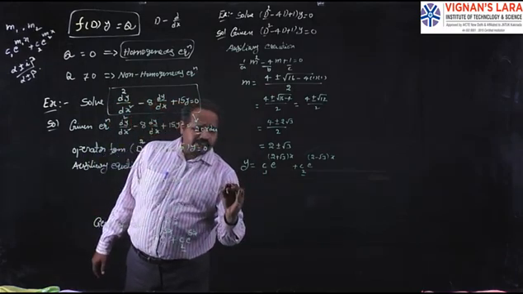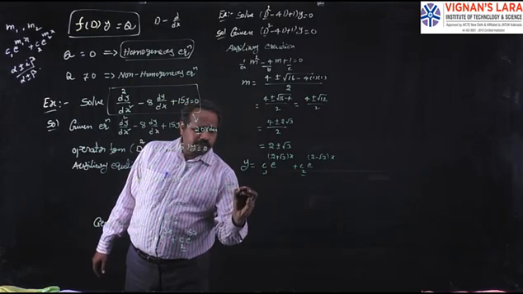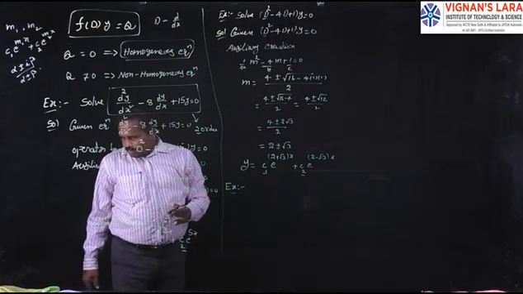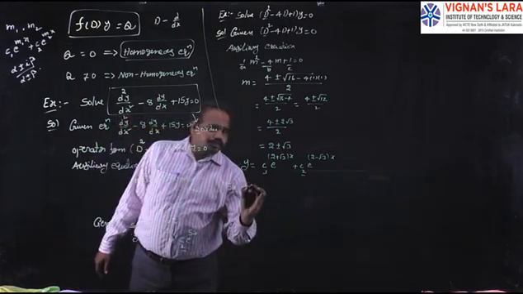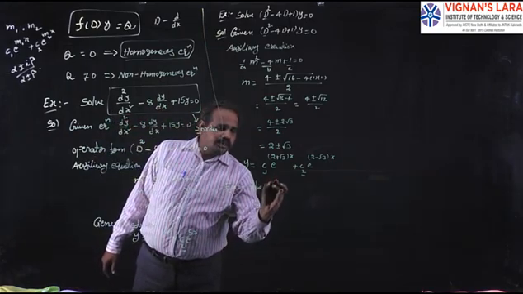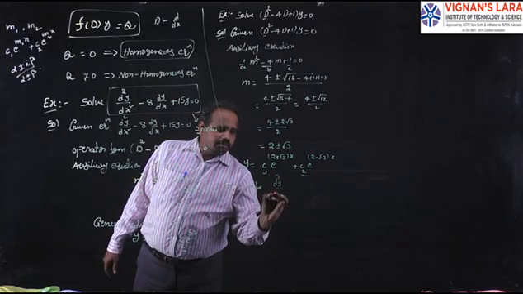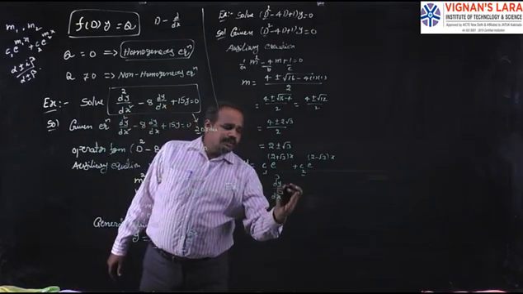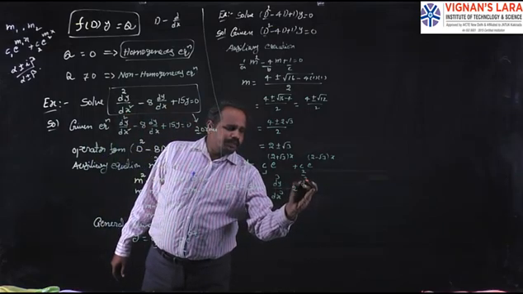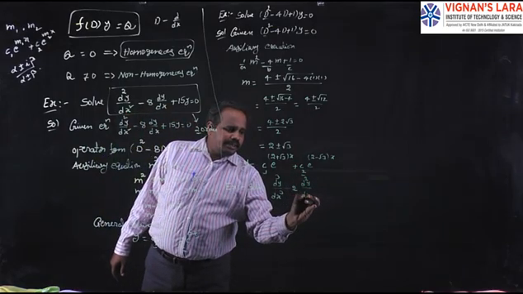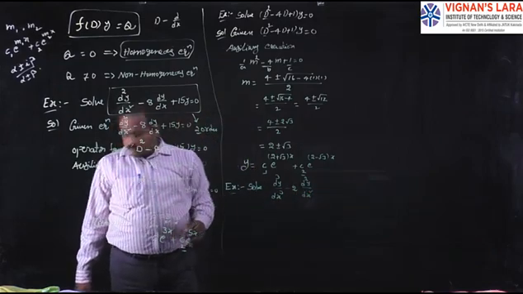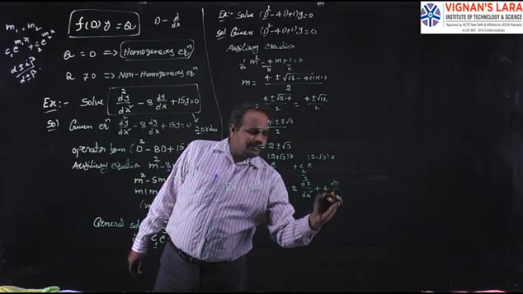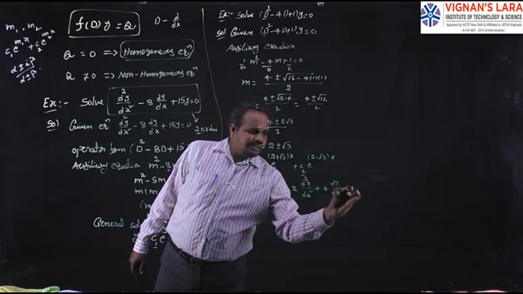Now one more example. Solve d cube y by dx cube minus 2 d square y by dx square plus 4 dy by dx minus 6y is equal to 0.